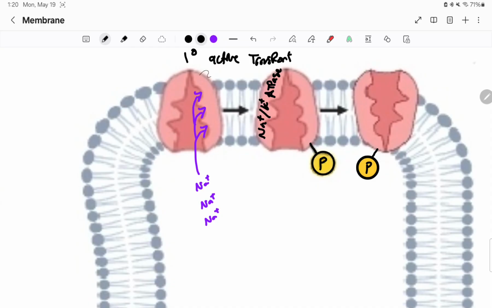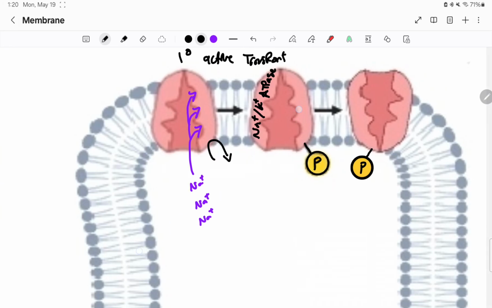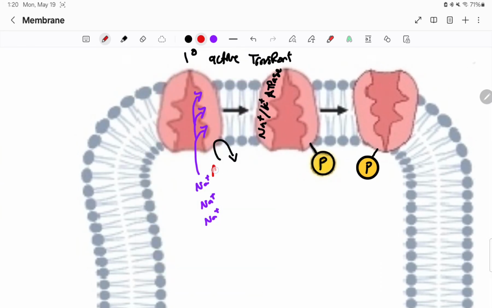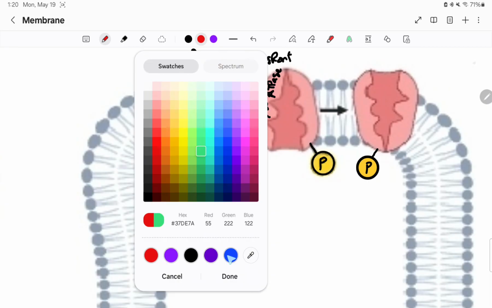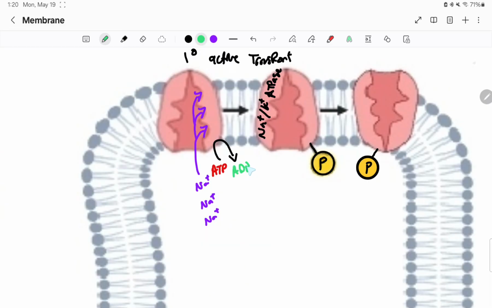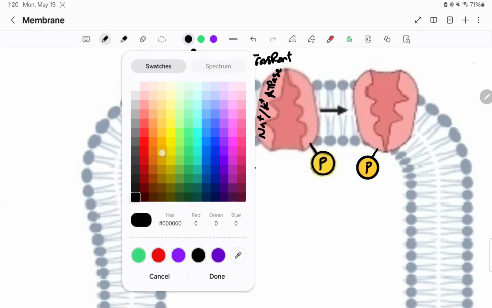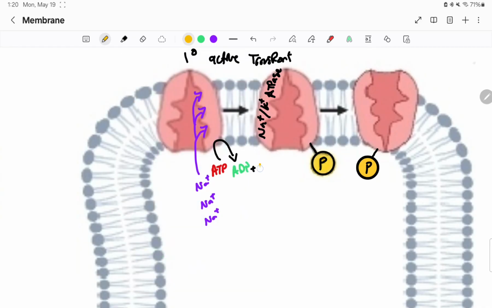This sodium-potassium ATPase pump will do something pretty crazy, where it will take a molecule of ATP, adenosine triphosphate, and break it down into an adenosine diphosphate plus a phosphate molecule, which actually ends up being bound to this carrier molecule now. So the phosphate becomes bound to the carrier molecule, and that's shown by this.